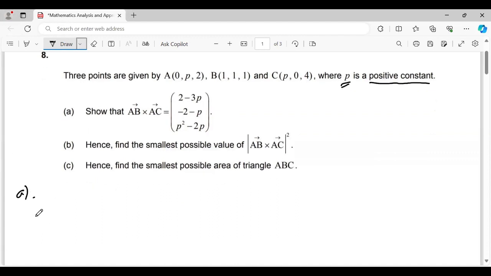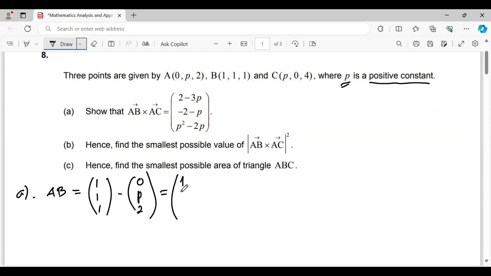I want to identify first that AB is point B (1, 1, 1) minus point A (0, p, 2), and it will be 1, 1 minus p, and minus 1.